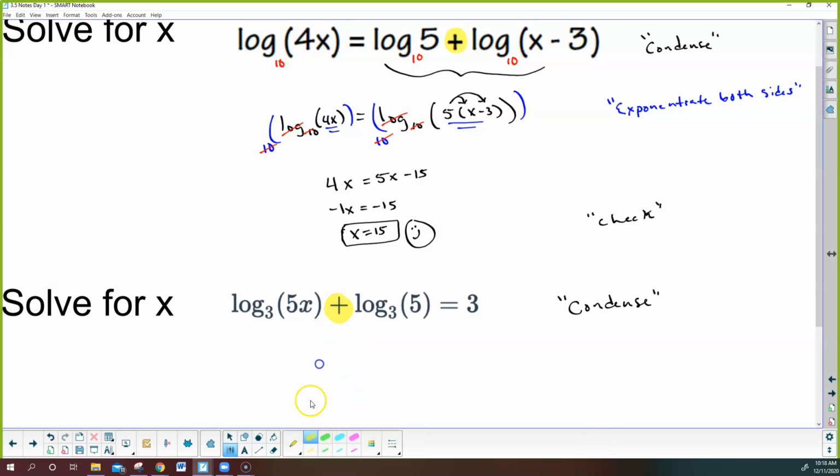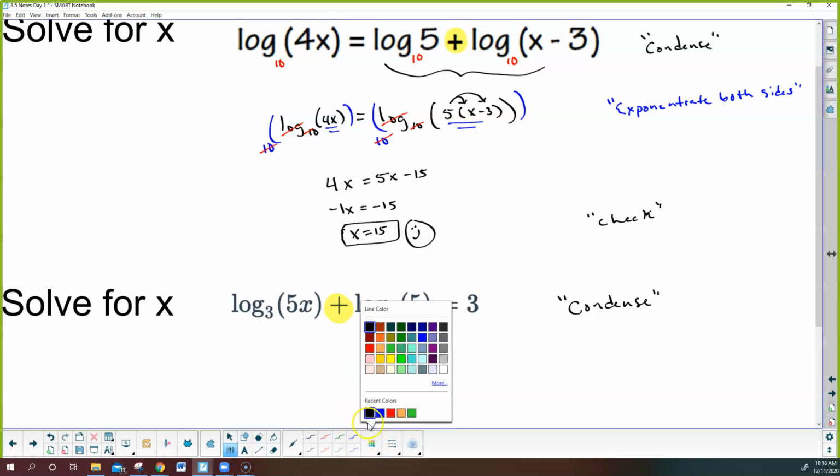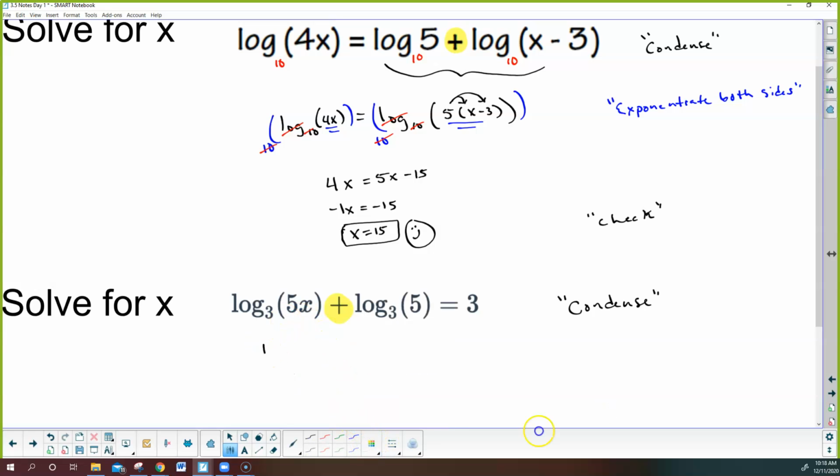We just have the addition. So we're going to rewrite this as the log base 3 of 5x times 5 equals 3. And if you can do that in your head, you can write 25x to save an extra step.